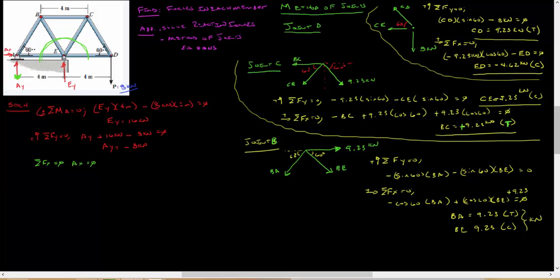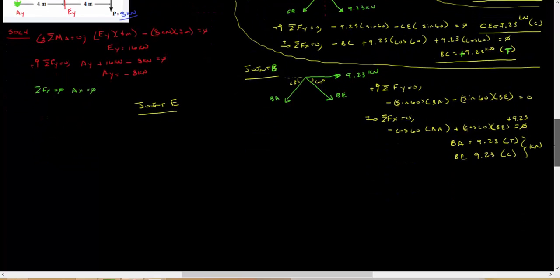And then the last joint would be E. Let's scroll down just a little bit. So if I draw this free body diagram, we know that EY was 16 kilonewtons.